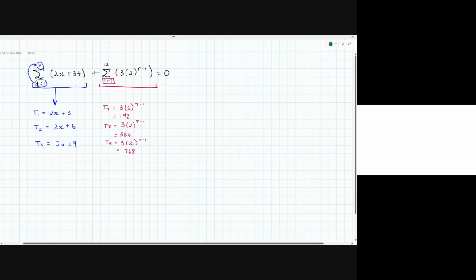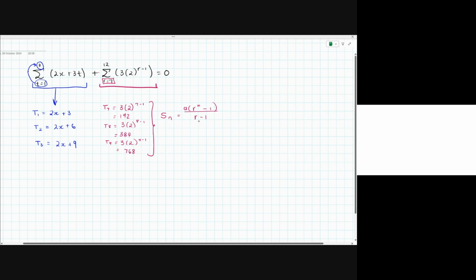Right, so what I would now do is, because I've got no unknowns in this situation, I would work out the sum. So this is a geometric sequence. So the sum of n is equal to a times r to the power n minus 1 over r minus 1.